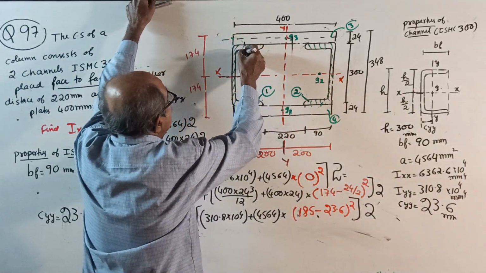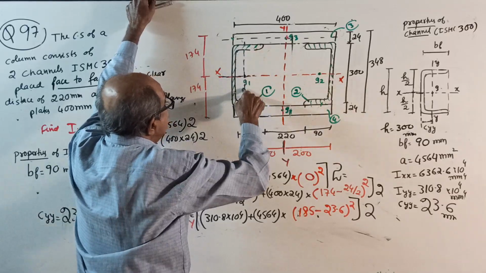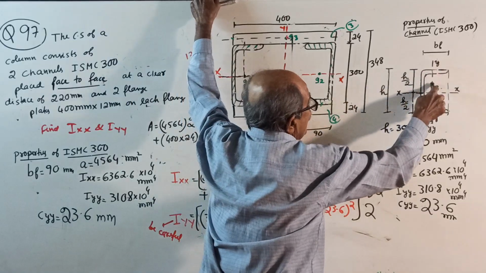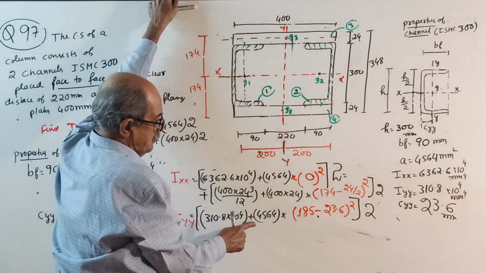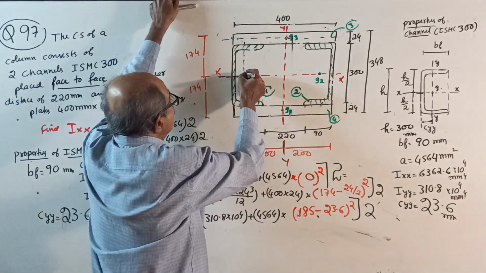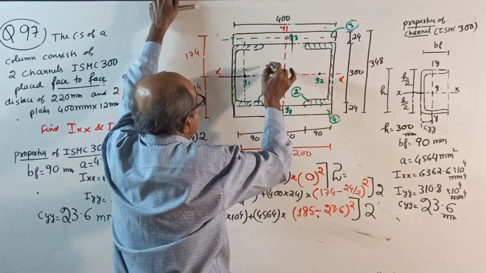Now, I about YY. First about its own YY axis, its own centroidal axis. This axis is nothing but this axis. 310.8 into 10 to the power 4 plus area into distance from centroid to YY squared.